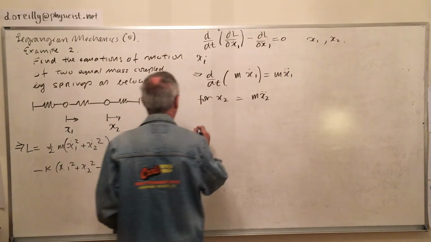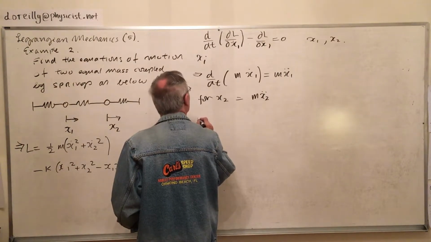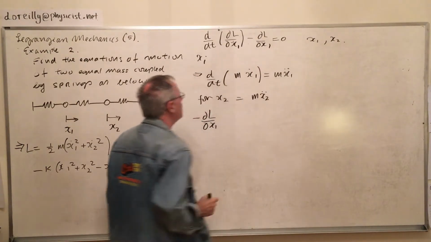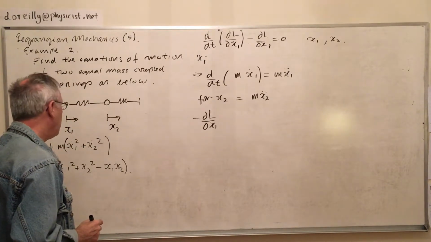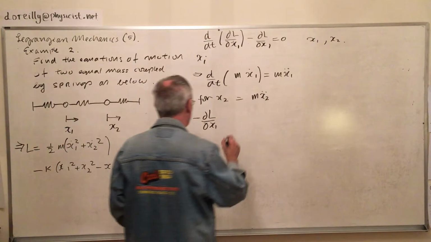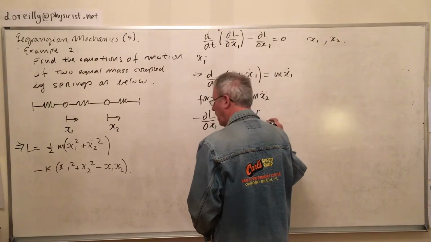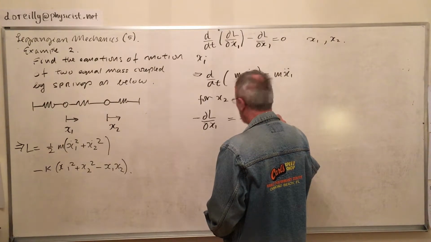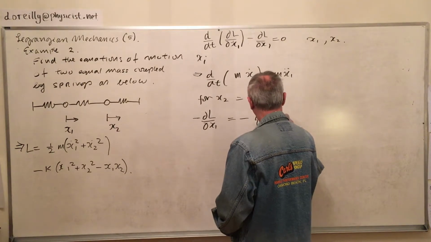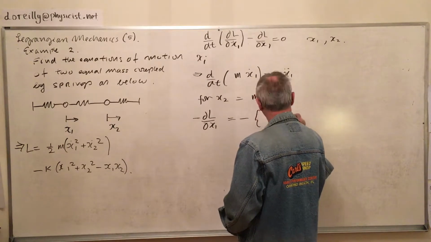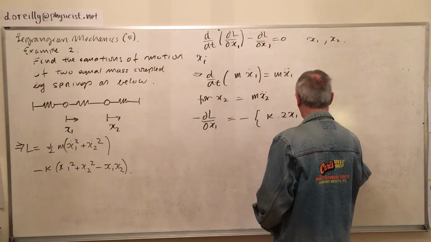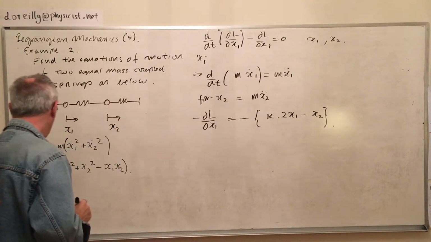Now the potential. We'll put x1 first in there, and we'll take the derivative, dL by dx1, and here it is down here. I hope I have the sign right. Okay, let's hope the sign is right.